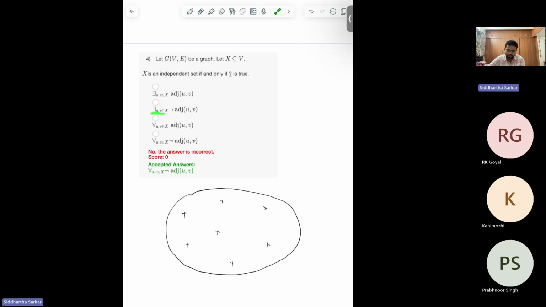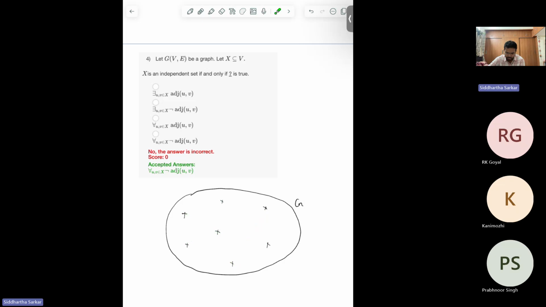The second one is also tempting, but it is saying that there exists one pair of vertices such that they don't have an edge between them. For example, suppose this circle or ellipse denotes the graph, and I identified some of the vertices, and let us say this is an independent set. Then for every pair of vertices there should not be an adjacency, not any edge.